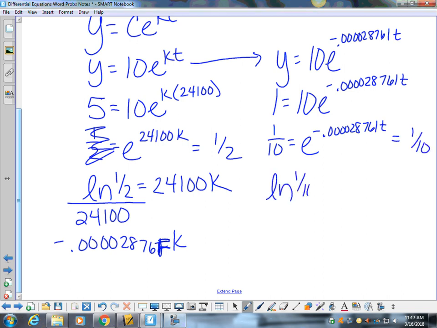So ln of 1/10 equals 761 t. Divide by that number. It takes a little bit of time. Type that in, see what you get.